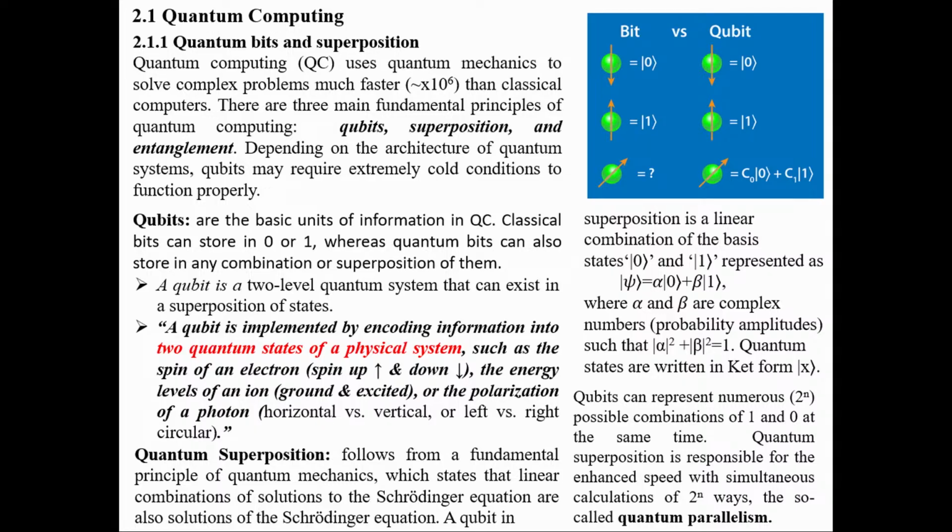But why are we encoding our information on a qubit? Because with qubits you can do enormous calculations.